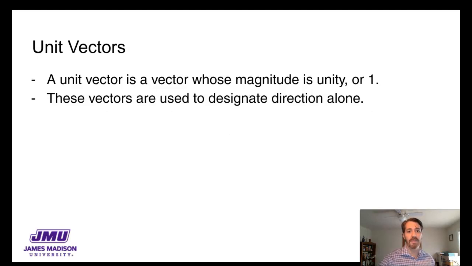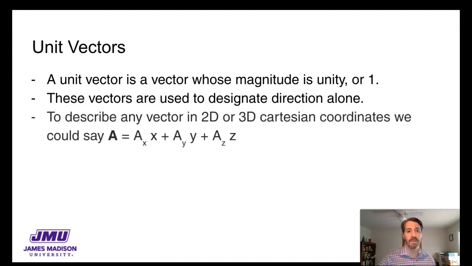So as it says here, to describe a vector in 2 dimensions, or in this case 3 dimensions, Cartesian coordinates, we would say vector A is equal to an x magnitude, and then we would write x hat, and then a y magnitude, we would write y hat, and a z magnitude, we would write z hat. The z components of it would just not appear if we were talking about two-dimensional vectors in a two-dimensional plane.